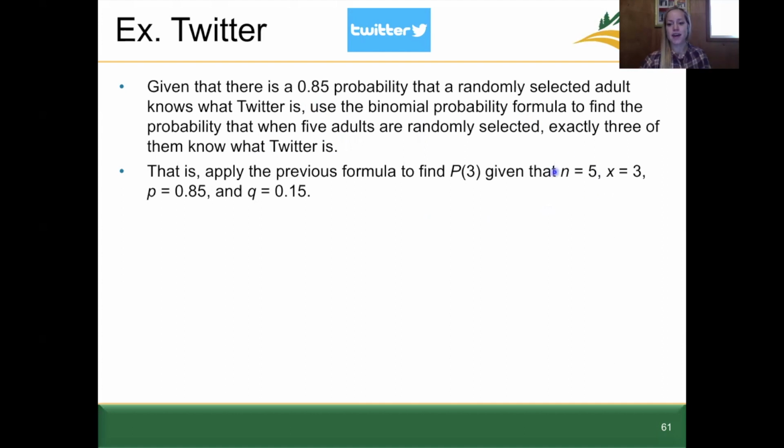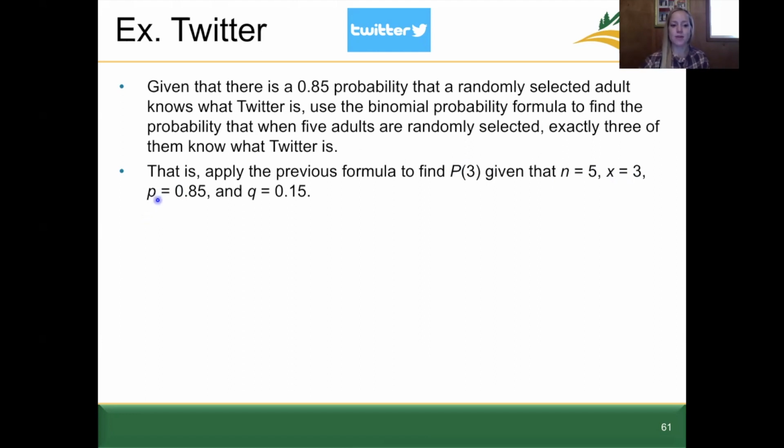So remember, we have n number of trials, that's our n value. We're looking at 3 number of successes, or s number of successes, where 3 reflects selecting 5 people for our trials and 3 of them knowing what Twitter is. Then x/s and p need to refer to the same concept of success, and here they do.